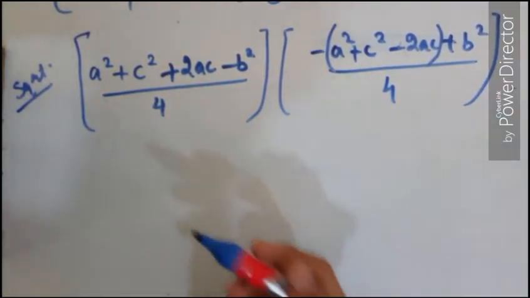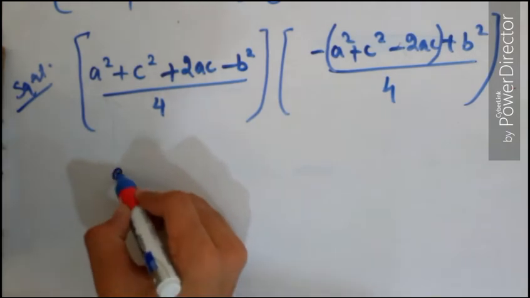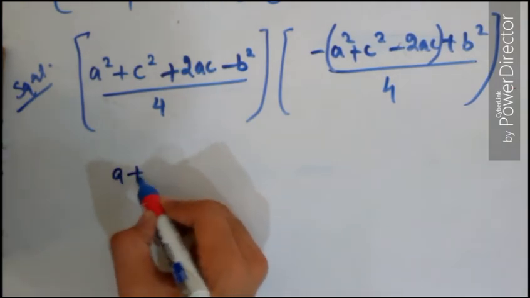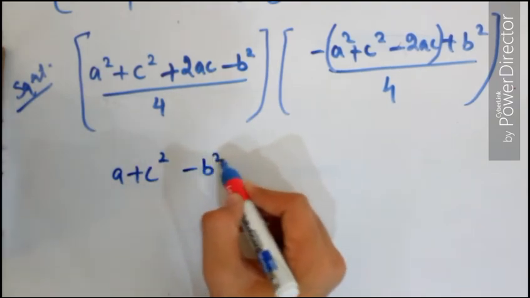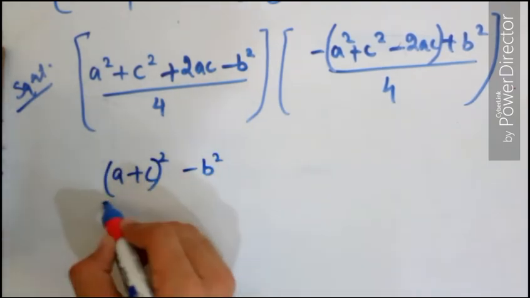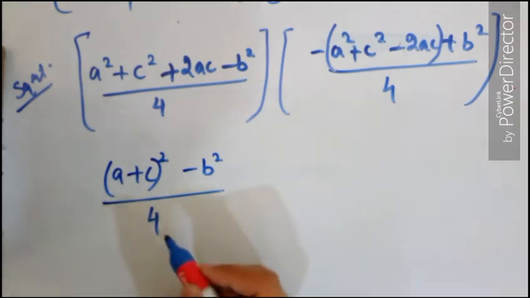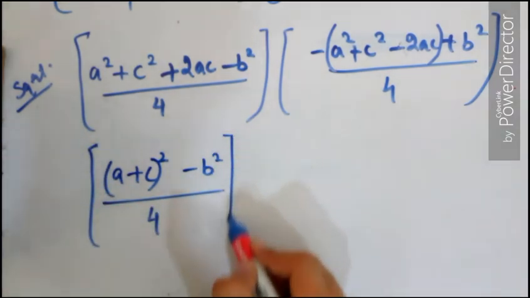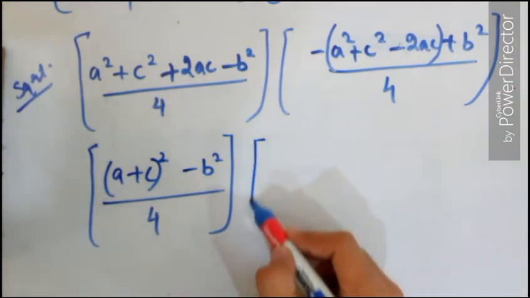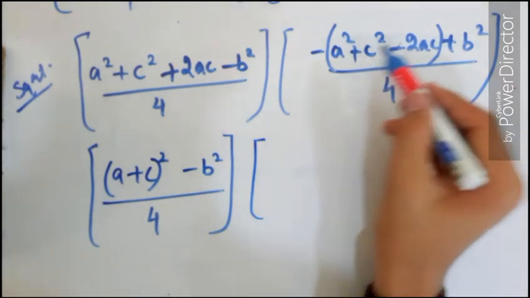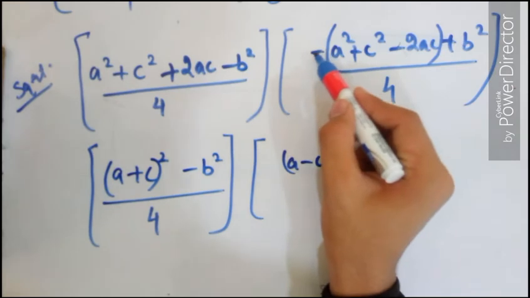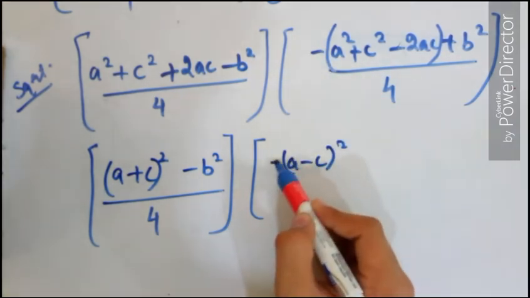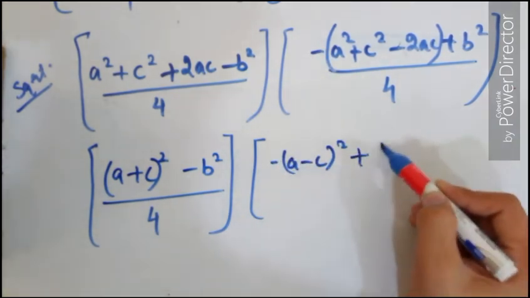So we are going to rewrite this as A plus C whole squared minus B squared, like this, and this upon 4 into, and this as A minus C whole squared, and since we have this negative sign in common right here, we will put it right here, plus B squared.